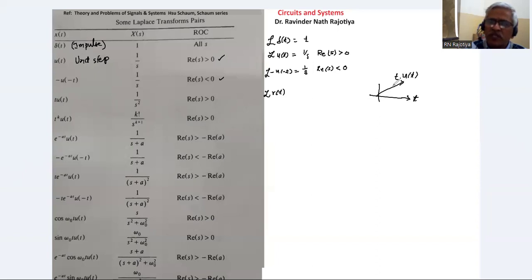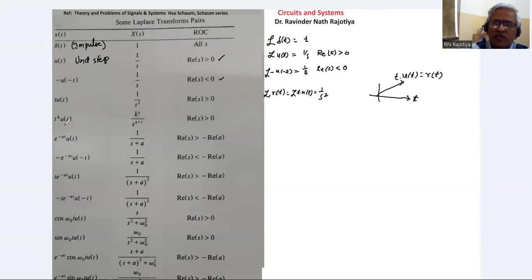So the ramp signal r of t is nothing but t into u(t). The Laplace of the ramp, that is t into u(t), is equal to 1 by s square. And the ROC is for all real values of s greater than 0.